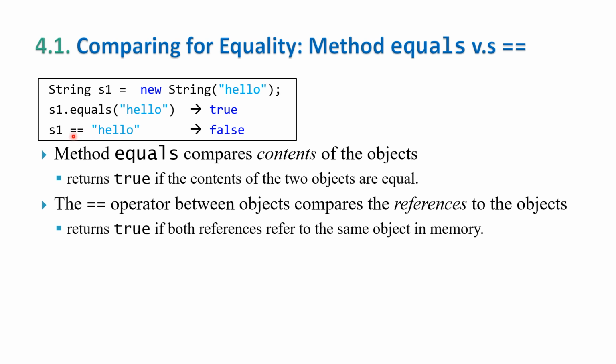That's why applying the == operator between s1 and the string literal "hello" in the StringCompare program results in the false value, because here s1 refers to a new string object that is separate from the string object representing the string literal "hello".